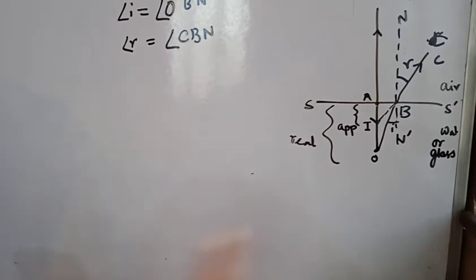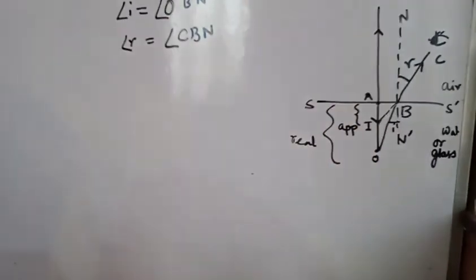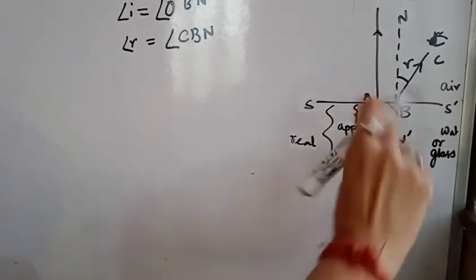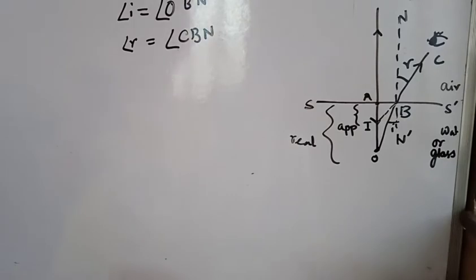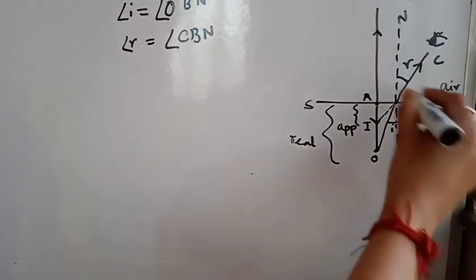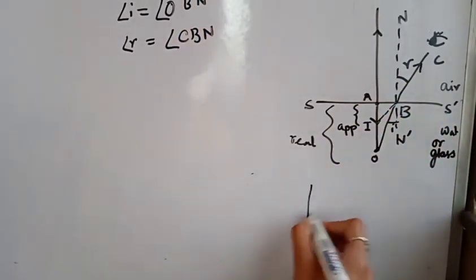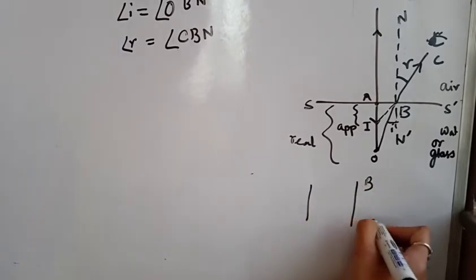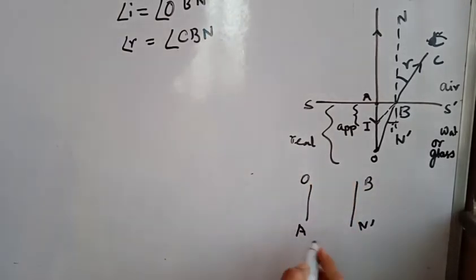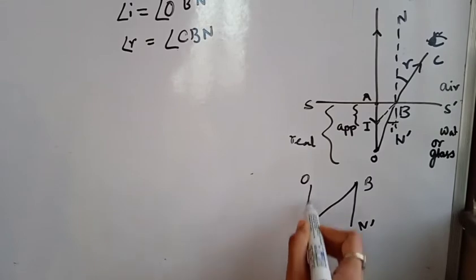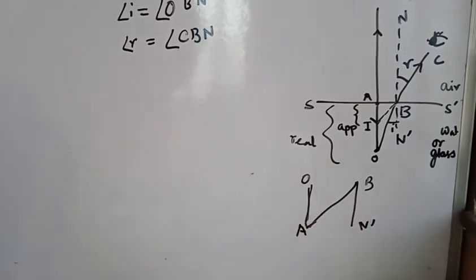We can see that this line BN prime and this line AO are parallel to each other. If we take only this position, it will be like this: B, N prime, O and A, and this is the transverse line. This is just like the Z angle, the alternate angle, so those are equal, we know that.